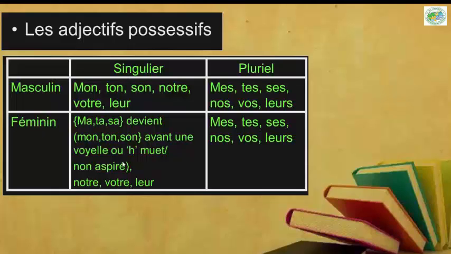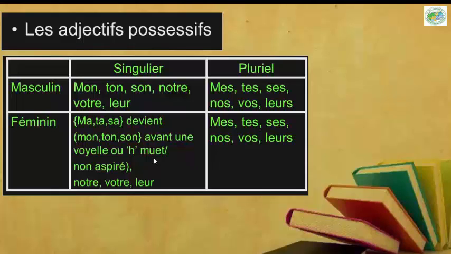So why can't we use ma for it, or ta for it, or sa for it? Because the word école starts with a vowel. So you can't say ma école, c'est faux. Ta école, it's wrong. Sa école. You have to change this into mon école, ton école, son école.